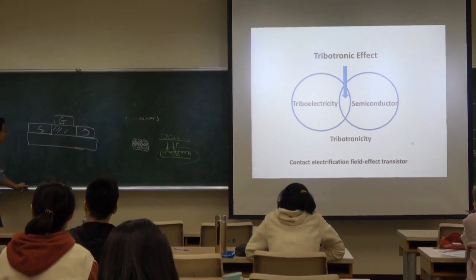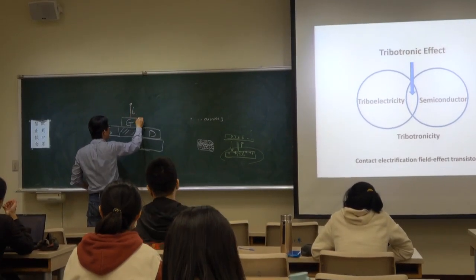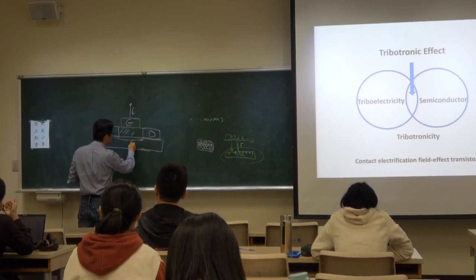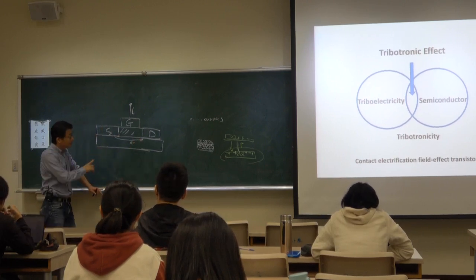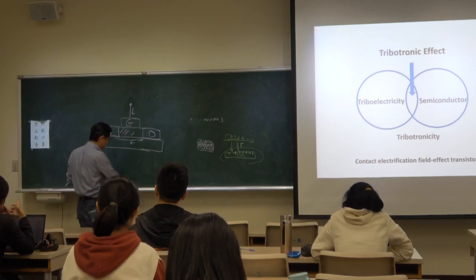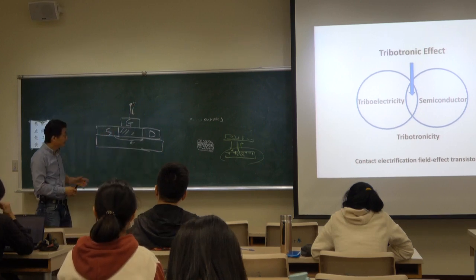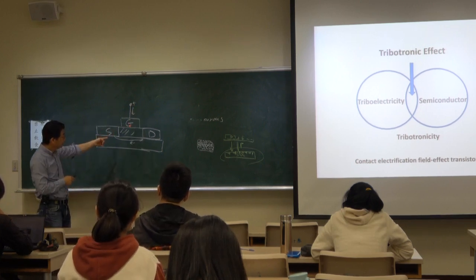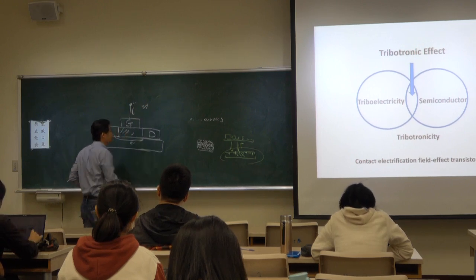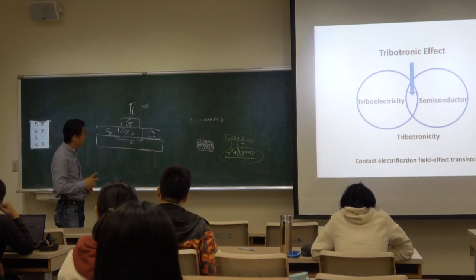You can apply the bias, so this source and drain can make the electrons or holes flow from one side to another side if we apply a bias. So you can control on and off switching.